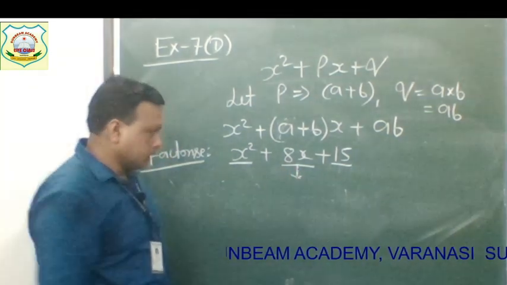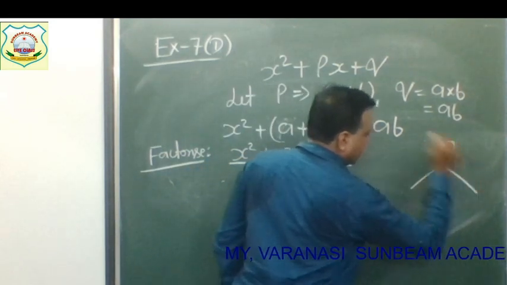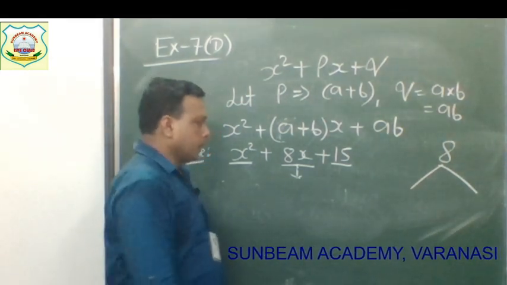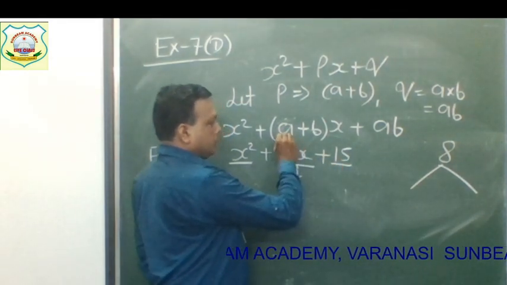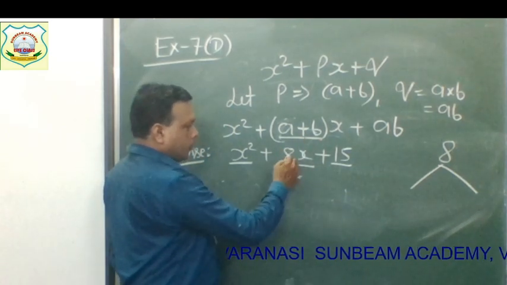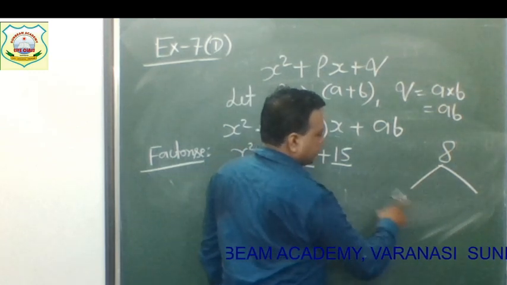How can we do this? Students, 8, we want to split it into 2 integers. How can we split it? This is based on the 15, meaning when you add them, what value should come? 8, meaning a plus b.